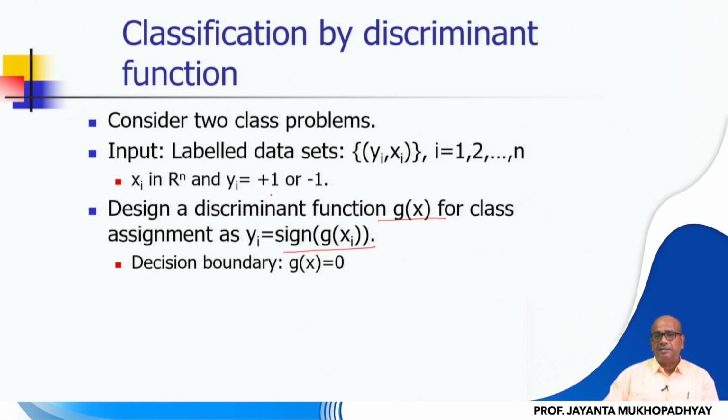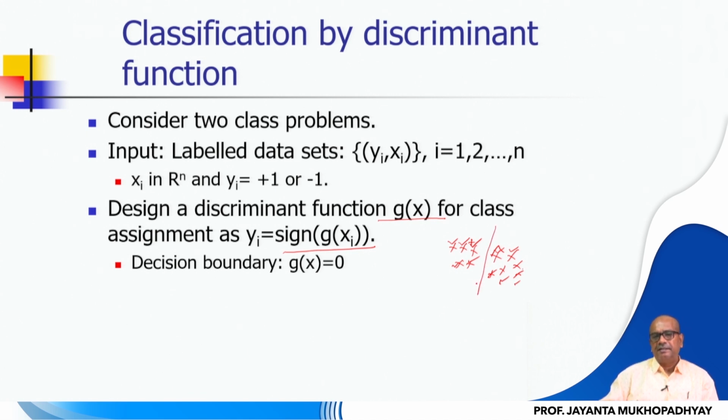The decision boundary is the boundary which separates the zone of samples belonging to the positive class and the negative class. If I consider a feature space, where some samples have positive labels and some have negative labels, the decision boundary may be something like this.